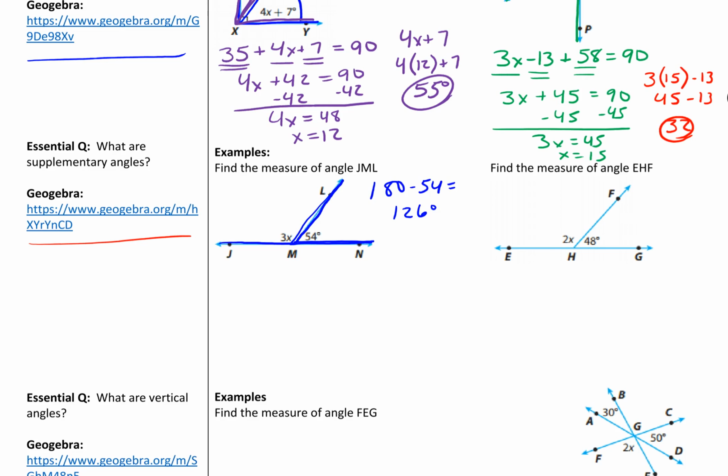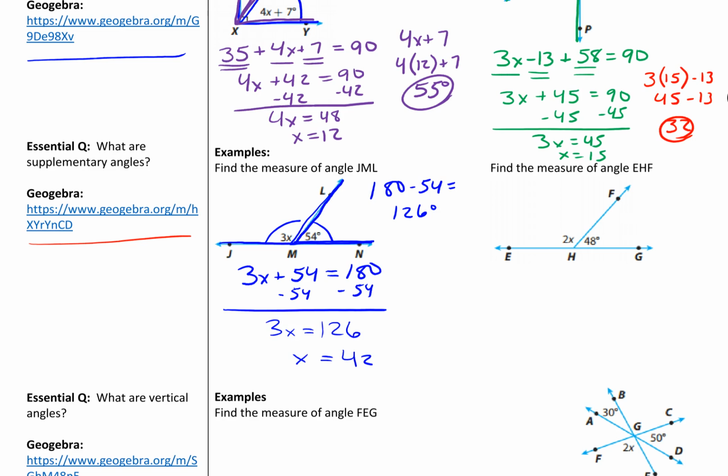So let's look here. We have these two angles added together, make 180 degrees. So 3x plus 54 equals 180. Subtract both sides by 54. You're left with 3x equals 126, or x equals 42.